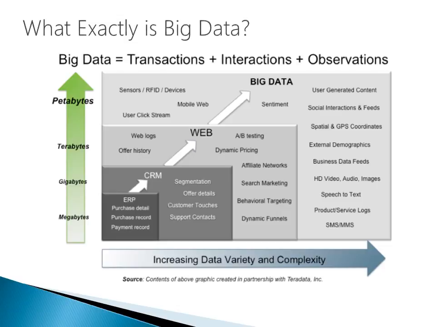And as it grows, we have a much richer variety and complexity of the data. From CRM to the web-based information, now we're pulling all sorts of interesting information related to hits on a website, IP address, time in particular areas.